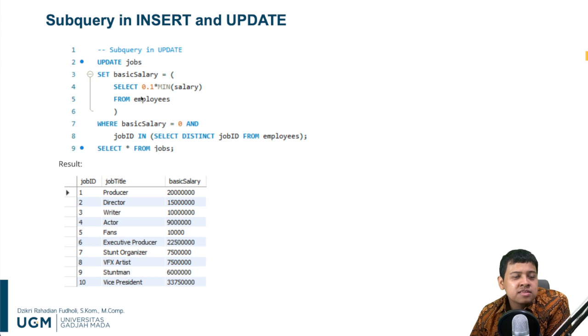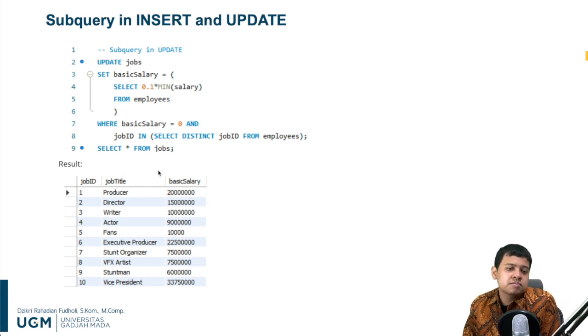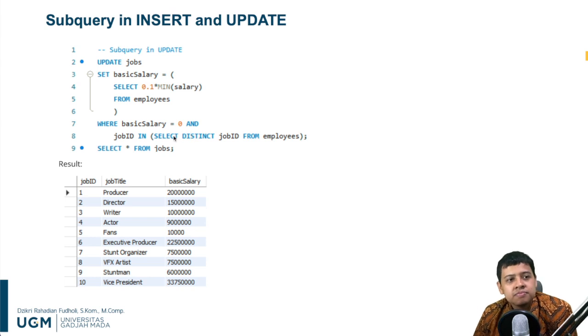For the update, it's similar. UPDATE jobs, we set the basic salary to 10% of the minimum salary from employees, where basic salary is 0 and job ID is in SELECT DISTINCT job_id FROM employees. The SELECT star FROM jobs is just to give this result, so it's not being used for the update process.